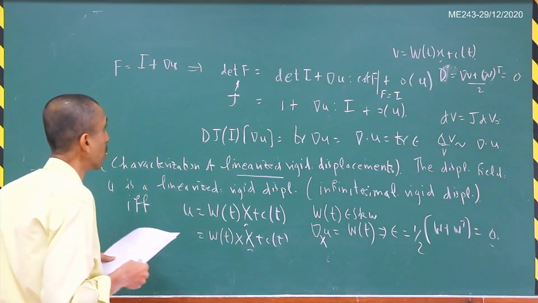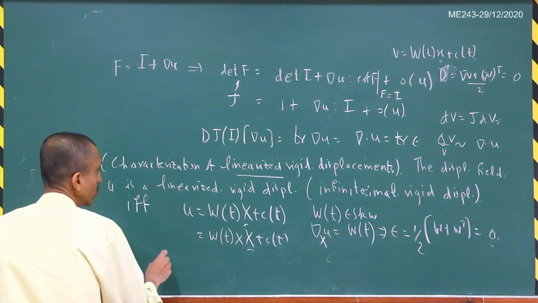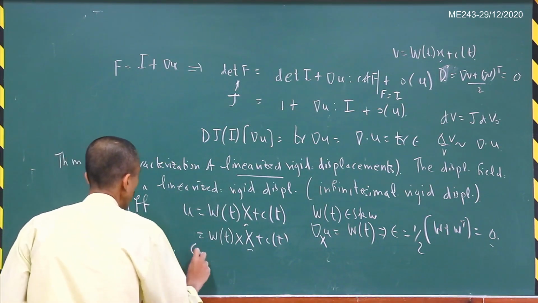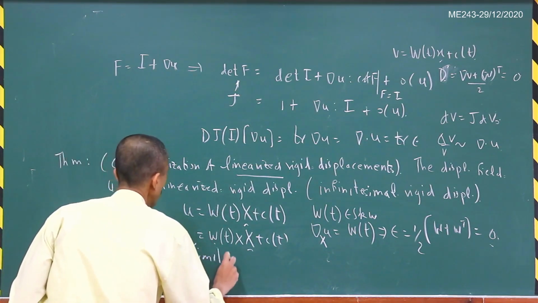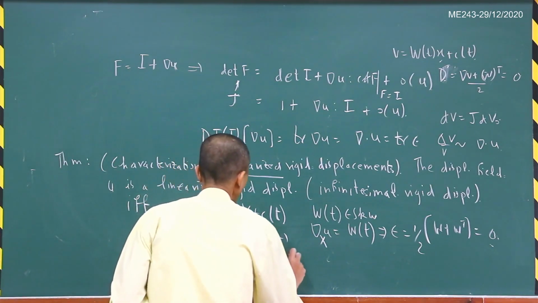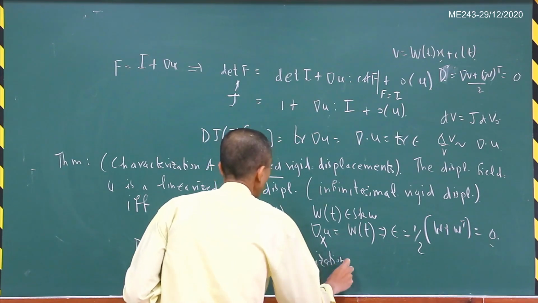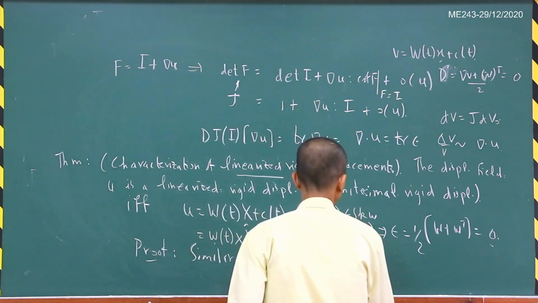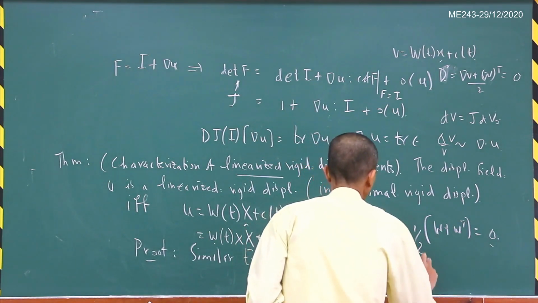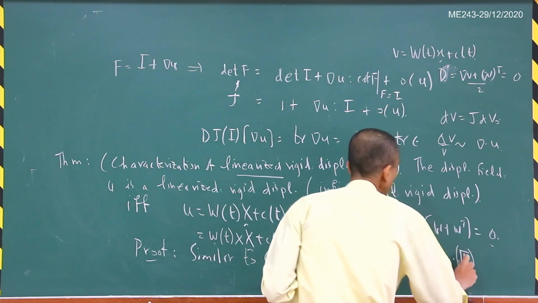So just make these substitutions, and then basically the proof is similar to that one. So I will just note that here. So proof similar to characterization of rigid motion. So that means we are given 2 characterizations.